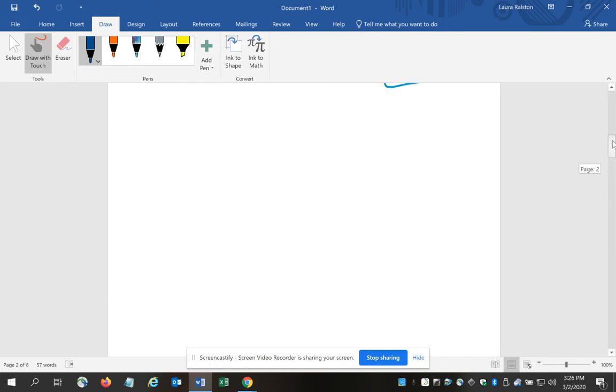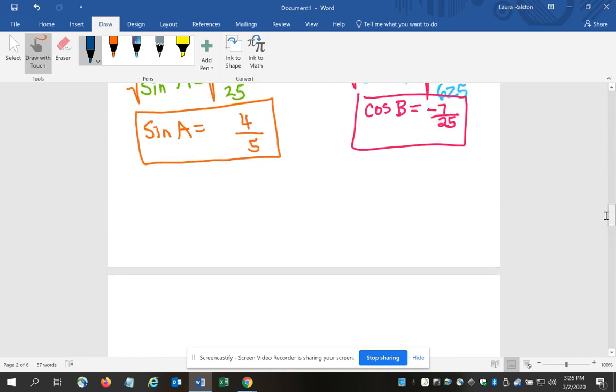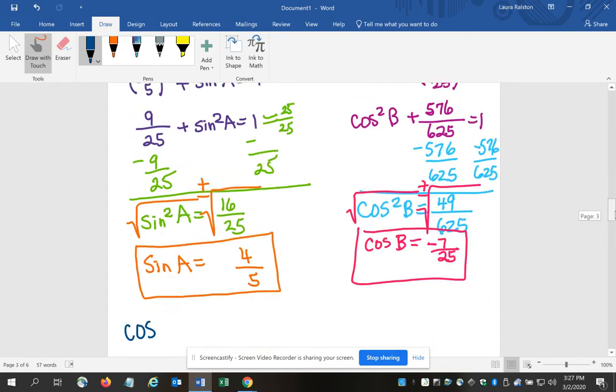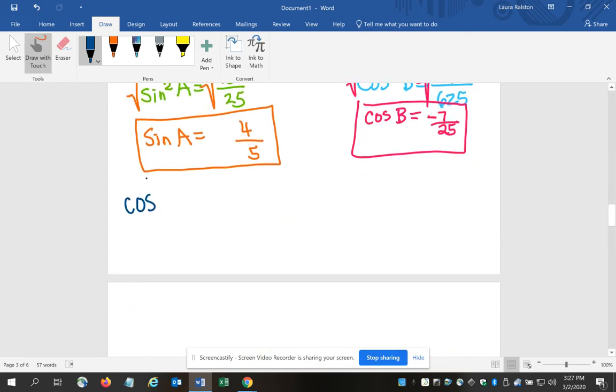Oops, a little bit too far. Okay, so writing the formula down, we're doing cosine of A minus B. Let's see, make sure I get the problem right. Cosine of A minus B, we would have the cosine of A times the cosine of B plus sine A sine B.